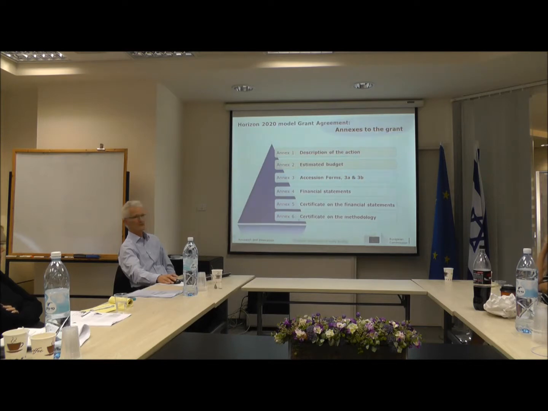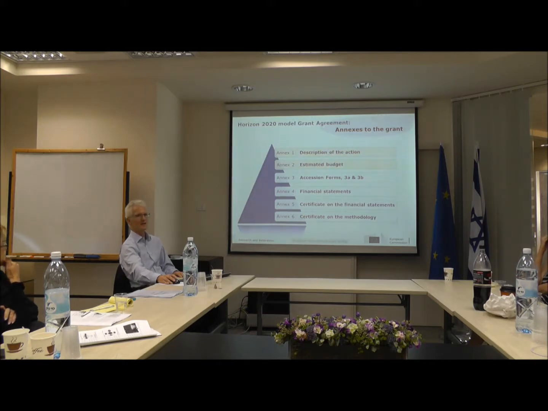Now this is only once at the end, so you have fewer certificates to provide. And then there is an optional Annex 6. You can also in Horizon 2020 ask ex ante that your method for calculating the average personal cost is certified ex ante if you want, but you don't have to. And here we have the template for this.